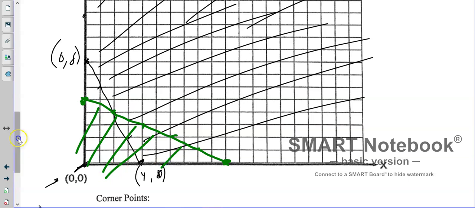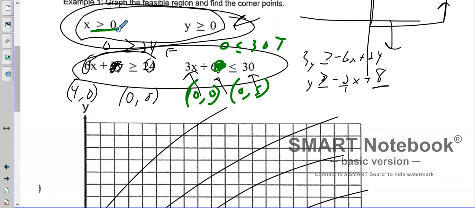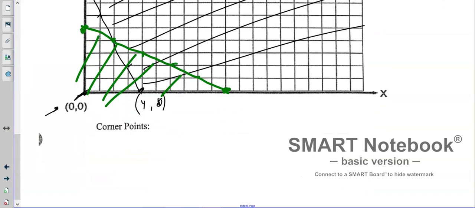And I'm almost done, except, no, never mind. In this one I have 0, 0, so there's no extra horizontal or vertical lines. So I am ready to find my region, which is where I have green and black. So that's this little triangle right here, like so. That's my region. That's where everything overlaps.